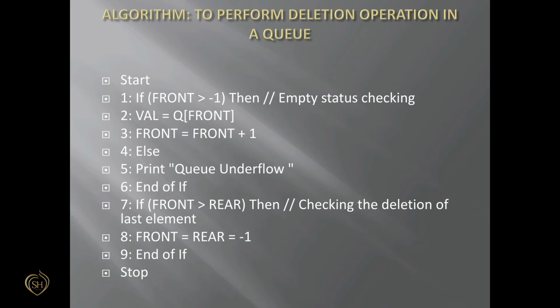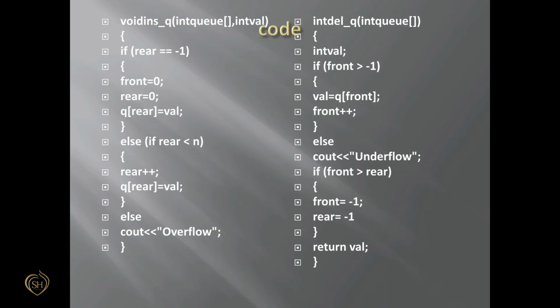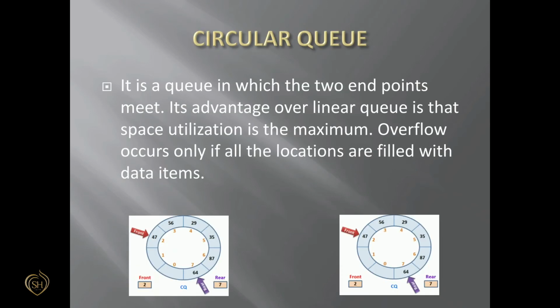There is another situation: if front is greater than rear, then front and rear should be set to -1, since no element is there, making it an empty queue. Then there is code for these two operations. It's simple and you can see it.